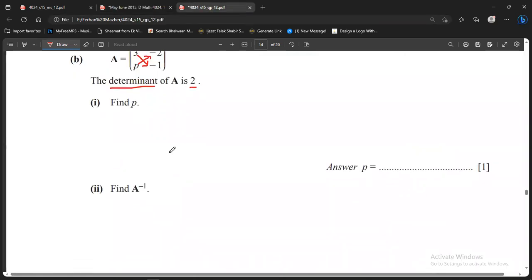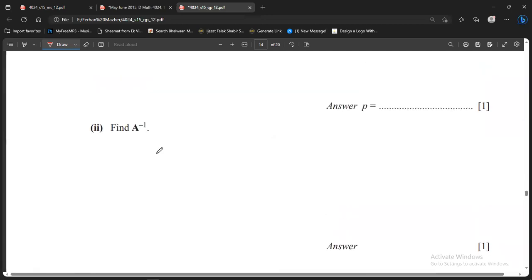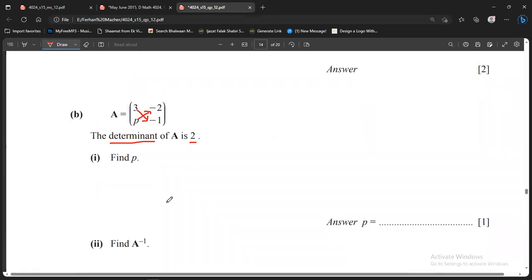Then he says find the A inverse. If you want to find out the A inverse, first of all, you need to find out the A determinant, which we already know.